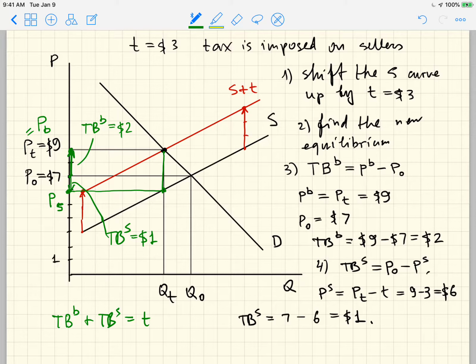Okay, so to summarize and to remind you, one important thing, again, equilibrium price doesn't go up just by adding tax on top of the initial equilibrium price.